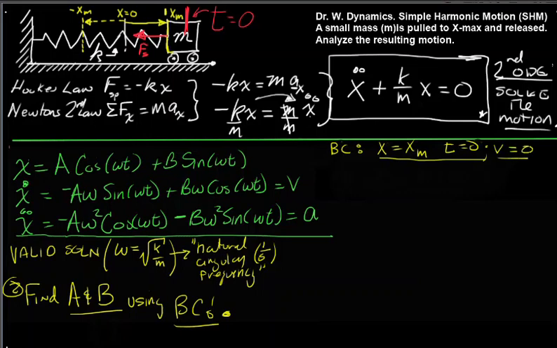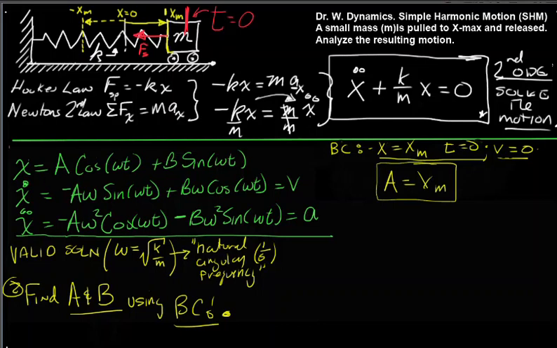That's where we released it at that point. So if we do that, plugging a 0 into here, we have the sine of 0 is 0, cosine of 0 is 1, and x at 0 is x max. So we'll find that a equals x max.